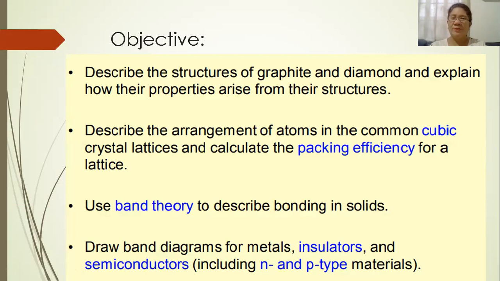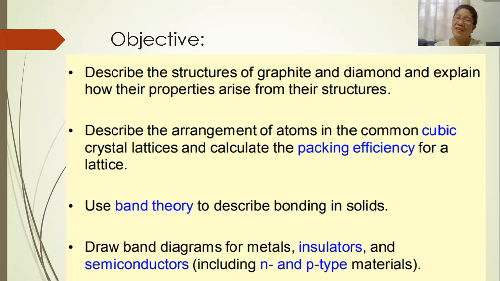The first thing that we are going to discuss here is carbon. We will find out that it has 3 types: graphite, diamond, and fullerenes, and we are going to compare their properties and structure. We will also discuss the arrangement of the atoms.